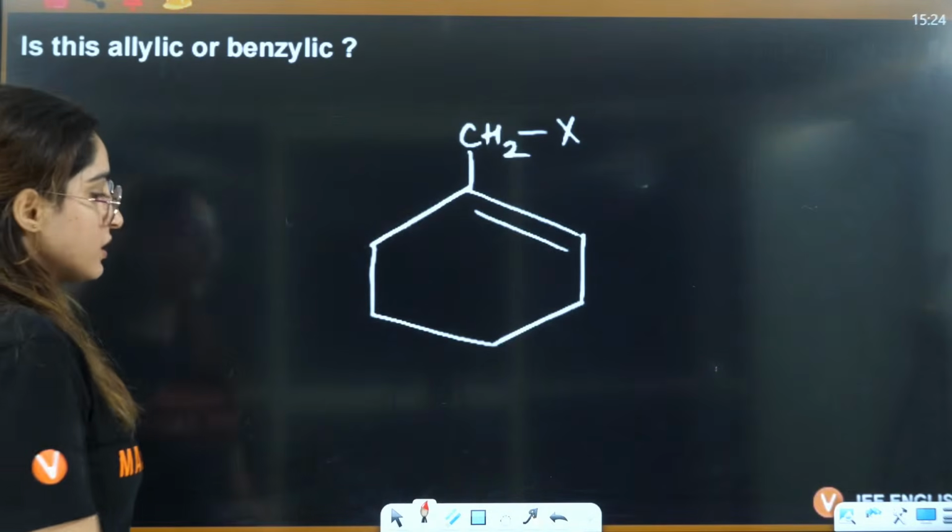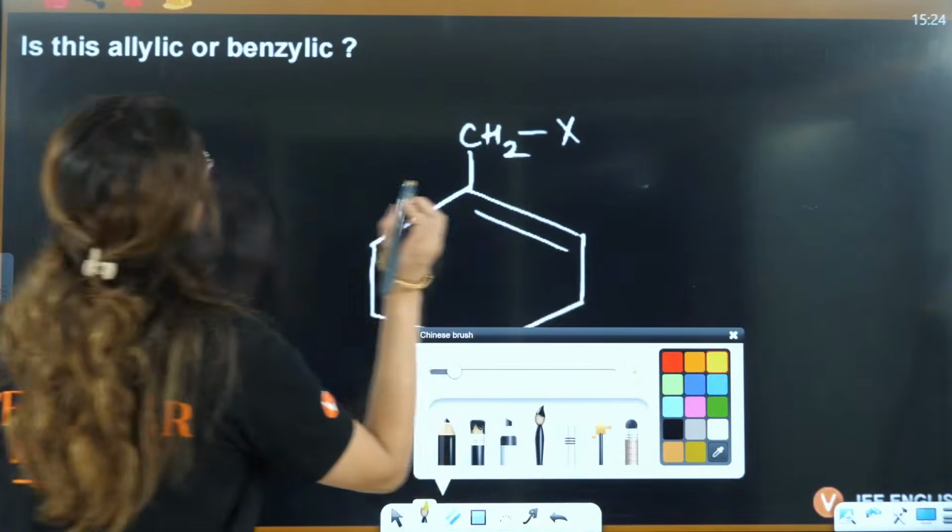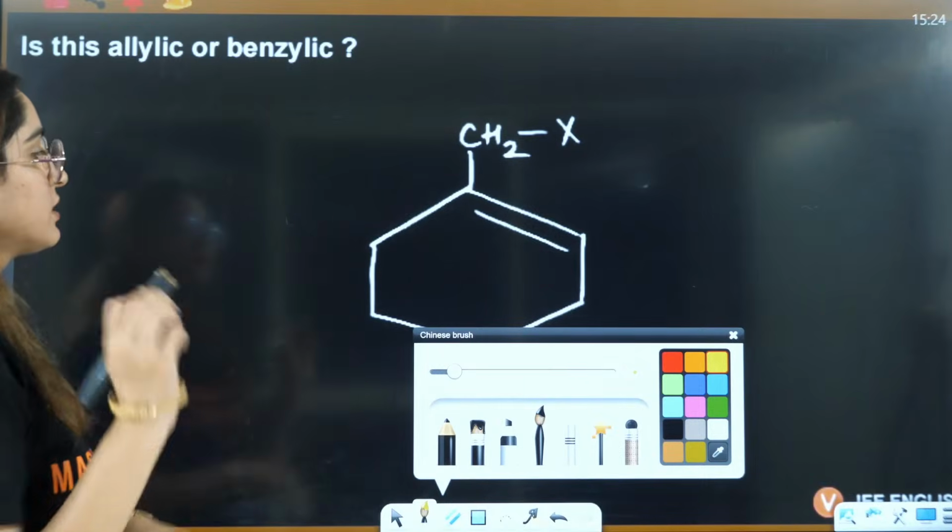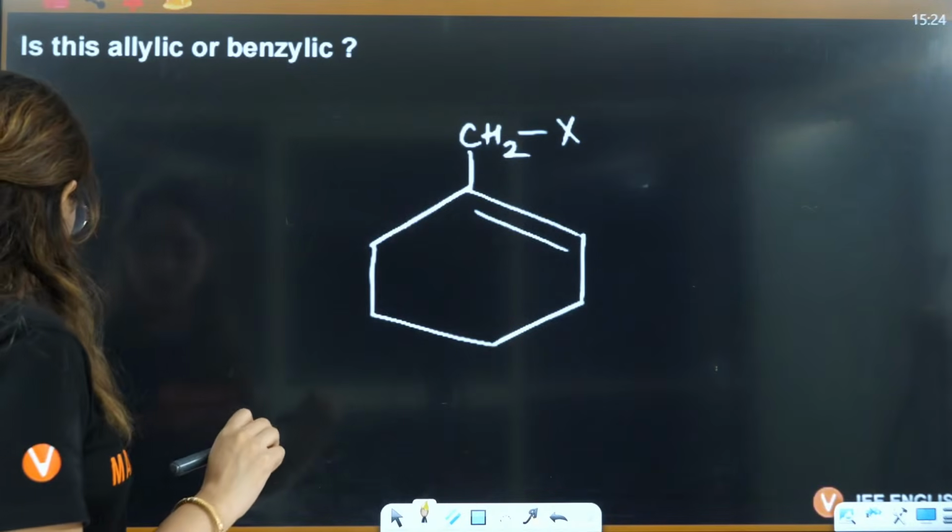Now tell me here, is this allylic or benzylic?